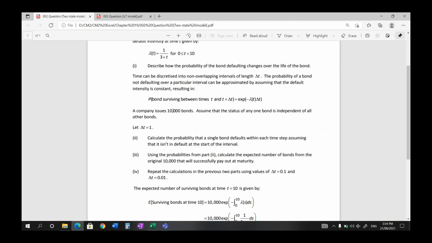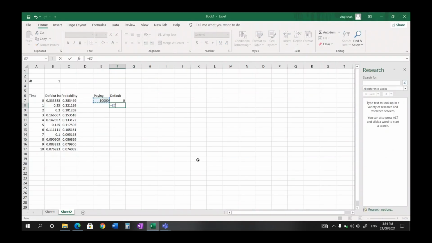At time 1, it would be nothing but the number of bonds you have multiplied by the probability indicating your default value. So there are 2,800 bonds that have defaulted. So the number of bonds would be 10,000 minus this at time 1.